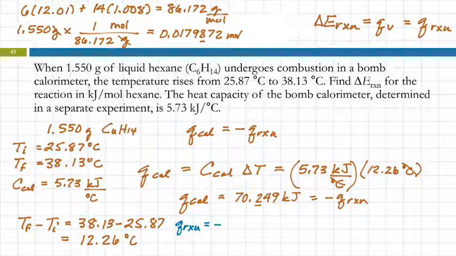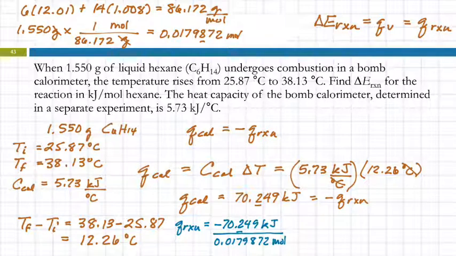So Q reaction is negative 70.249 kilojoules. We want kilojoules per mole. Then we divide by the number of moles that we actually had, because this is the amount of heat released for this many moles. So divide by 0.0179872 moles.